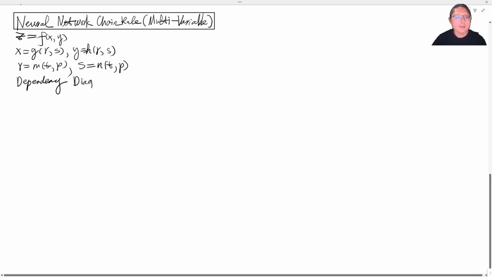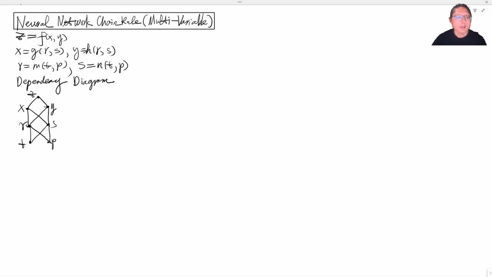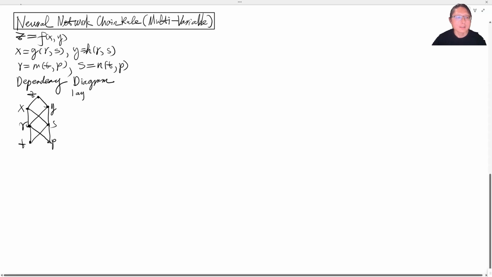We just write the dependency between the variables according to the functions. For example, in this example, we have the variables z, x, y, r, s, t, p. We just write the relationship according to the functions. You can see z depends on x and y, which depend on r and s, which depend on t and p.